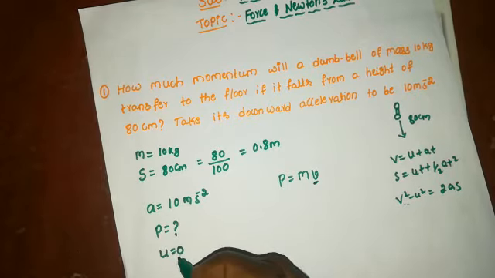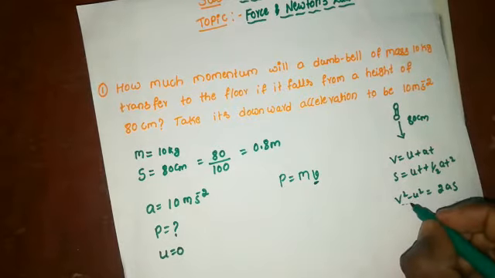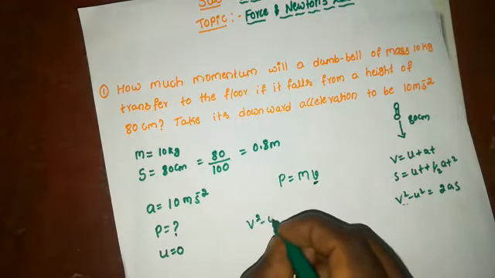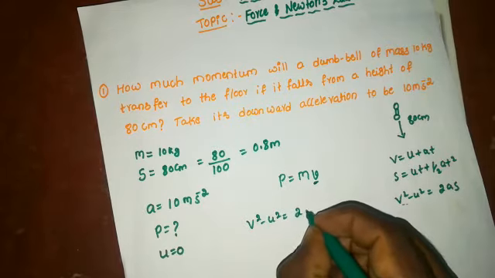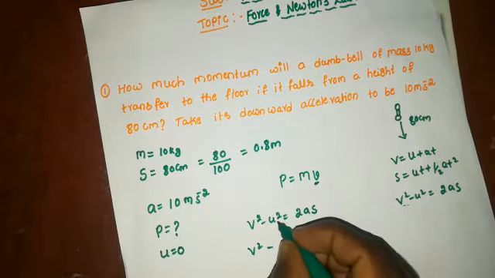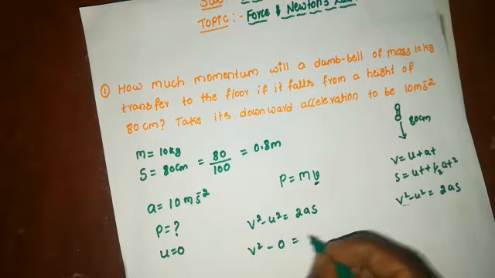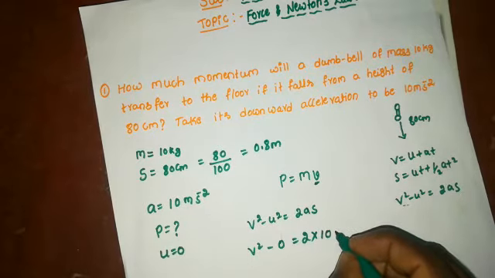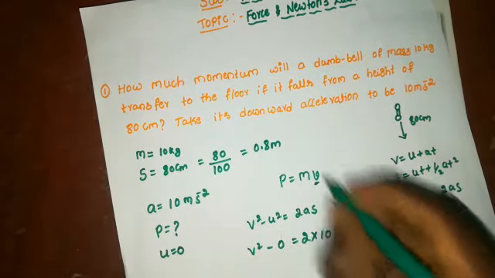So v square minus 0 is equal to 2 into the acceleration, 10 meter per second square, into the distance, 0.8 meter.